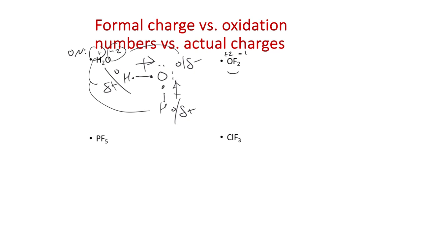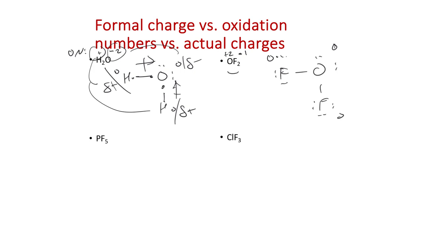So what about OF2? We did the Lewis structure earlier, so let's just write it. It looked much like water. By the Lewis structure, the formal charges would be 0 on fluorine and 0 on oxygen: 6 - 6, 7 - 7. But for the true charges, which atom's more electronegative, O or F?